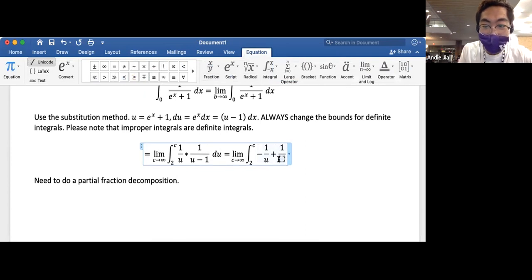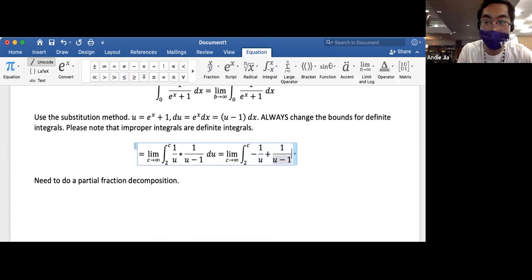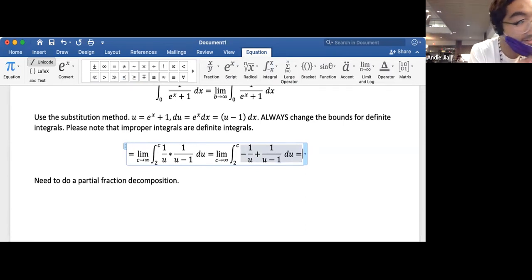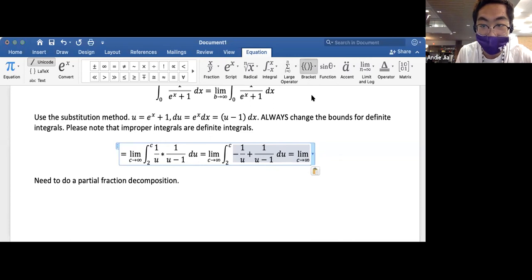Then it's 1 over u minus 1 du, the integration. The limit is still here, it's not over yet.